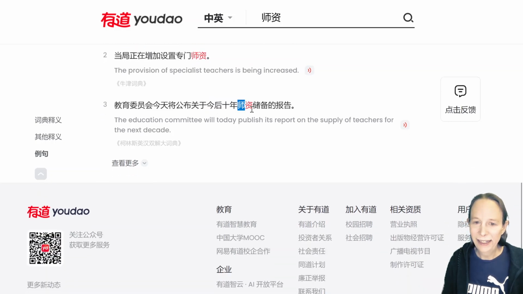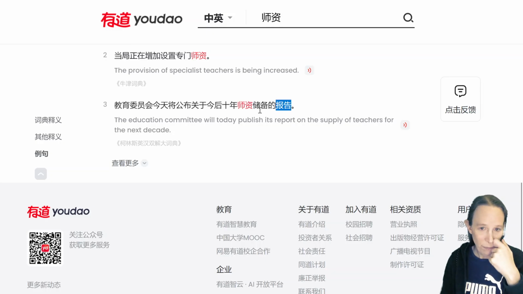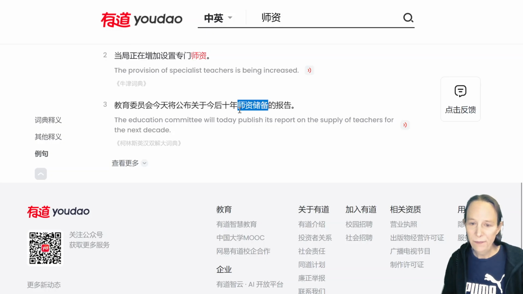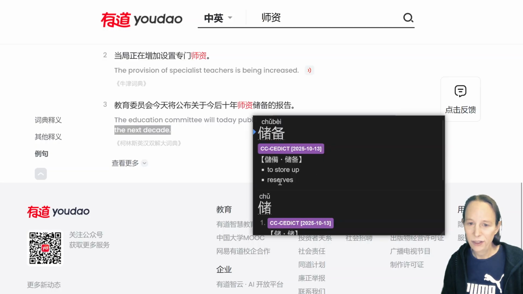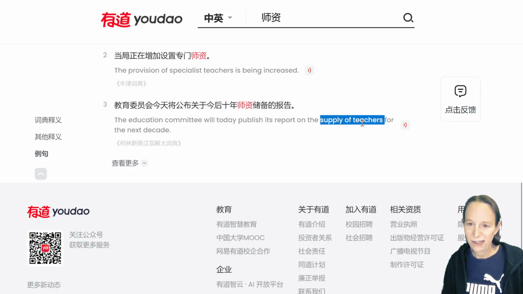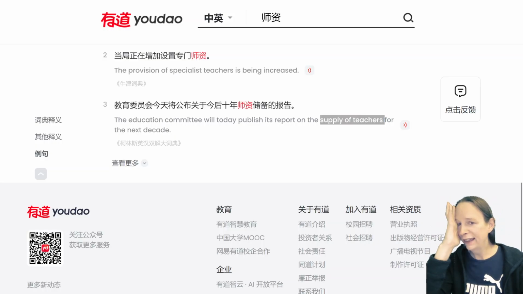今后10年，师资储备的报告. 师资储备. What does that mean? 储备 is storage. It's supply of teachers. Reserves.